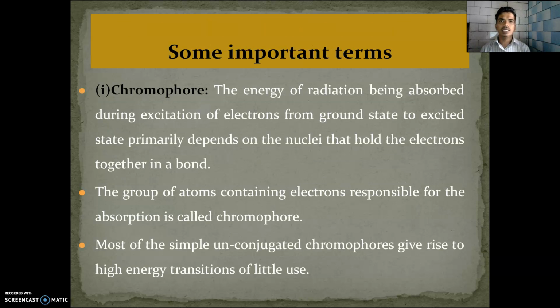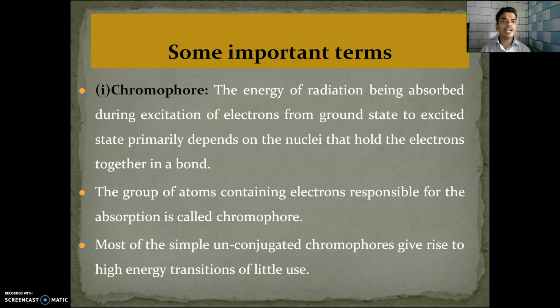Then some important terms related to UV spectrophotometry. First is the chromophore. What is a chromophore? It is a compound having pi to pi transitions and so on.